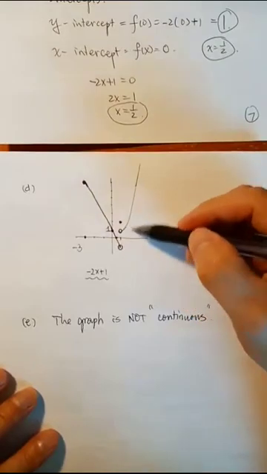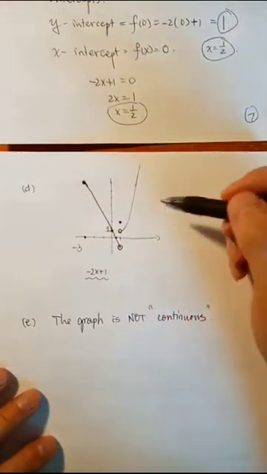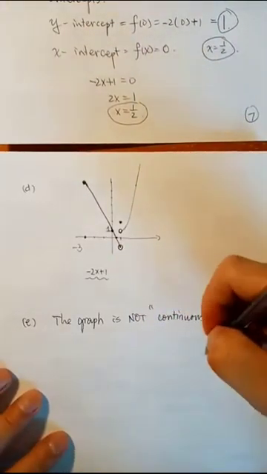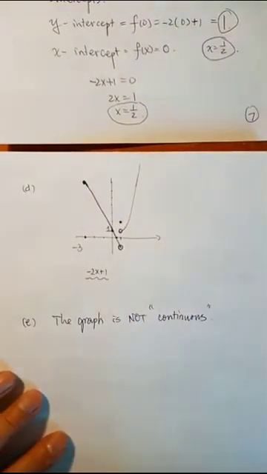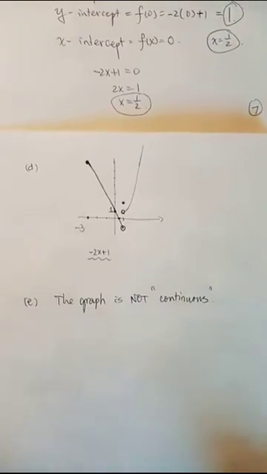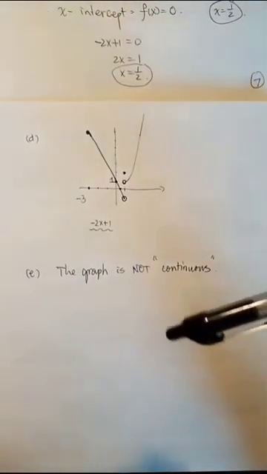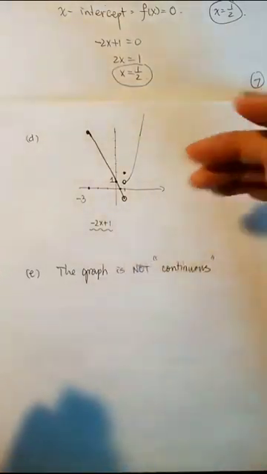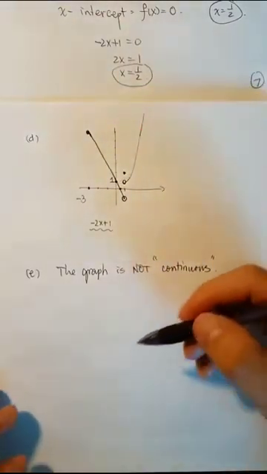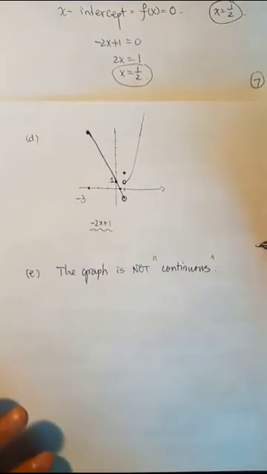There's a hole, there's a jump. Continuous means connected. So that's the sketch of the graph of a piecewise defined function. Over one interval you sketch the corresponding equation, and over a different interval, you sketch a different equation.